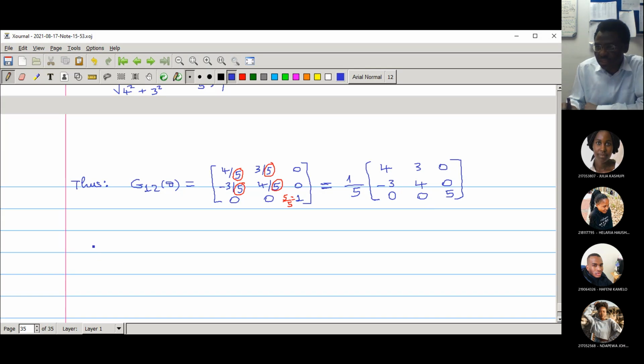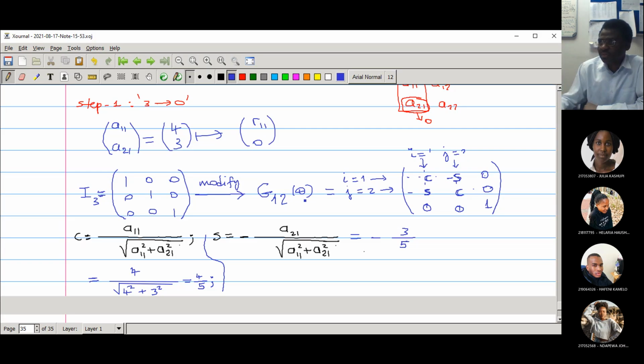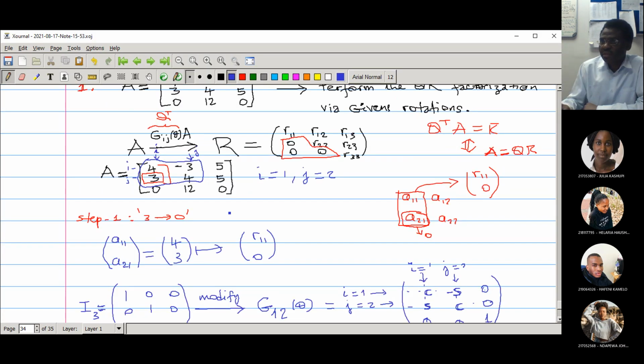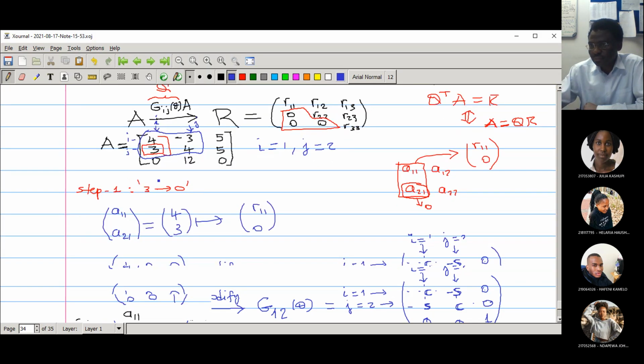So if we take this J12 of theta, we multiply by A, automatically this first entry will be 0. This 3 will be 0.